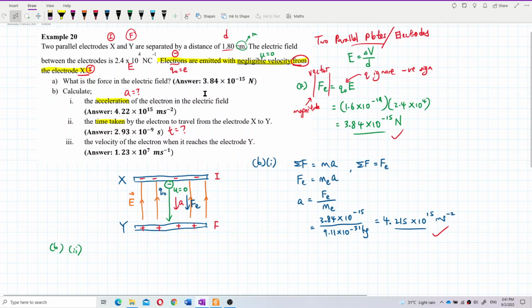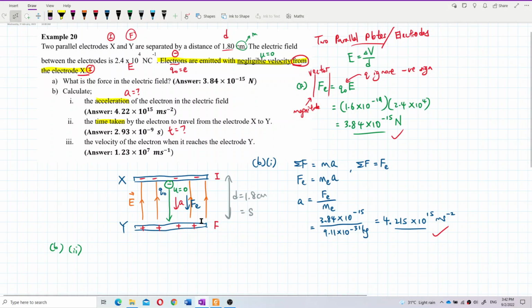He said the separation D is 1.8 cm. So this D, 1.8 cm, can be our displacement, isn't it? All right.